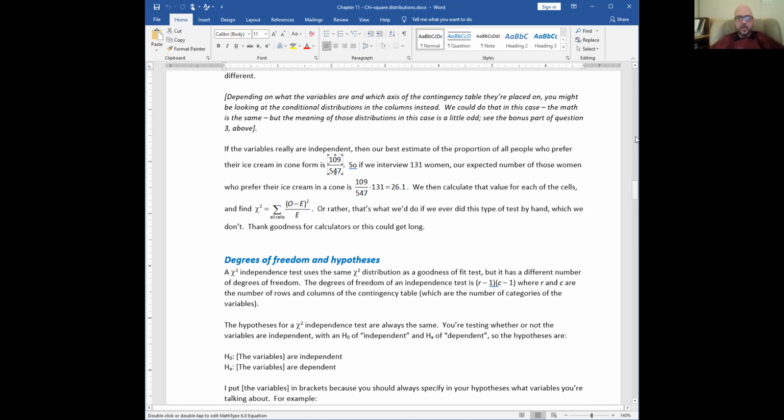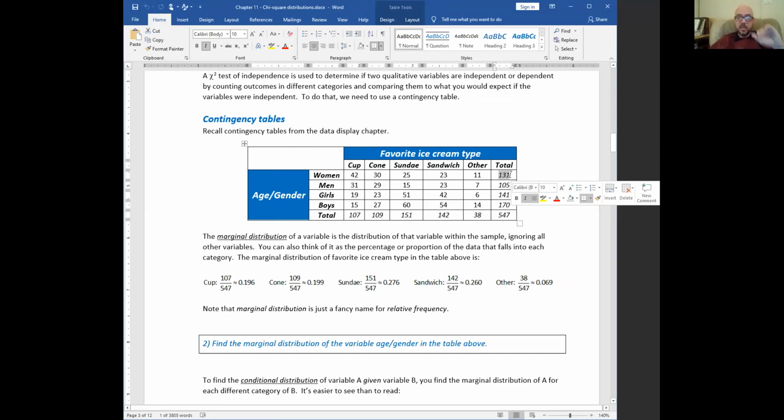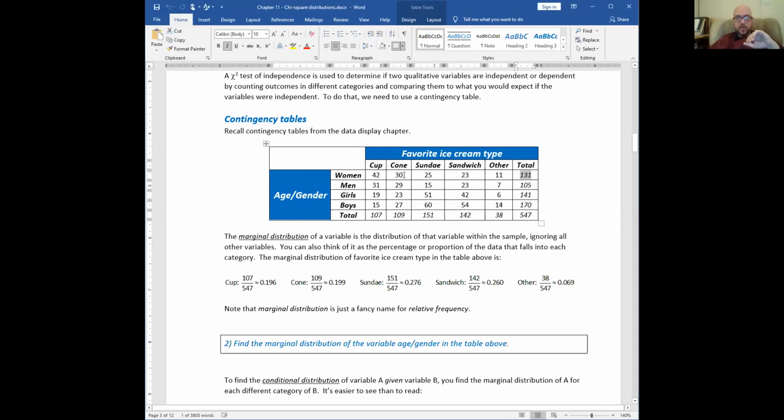If we interviewed 131 women, I would expect that the proportion of women who prefer their ice cream in cone form would be about 109 out of 547 times 131, right?